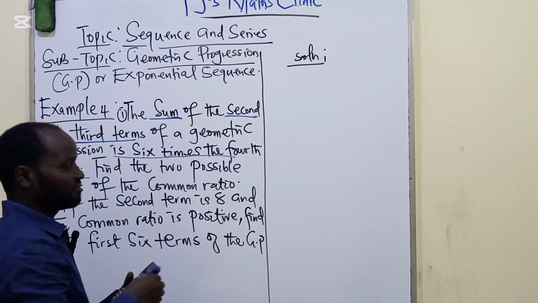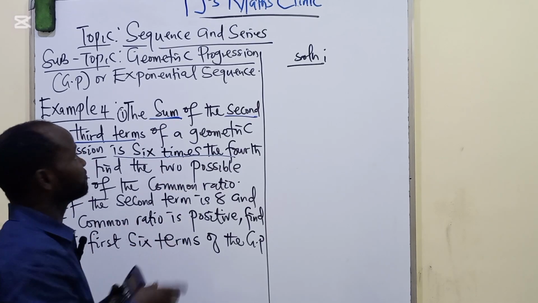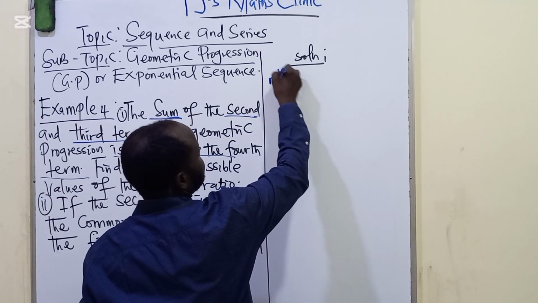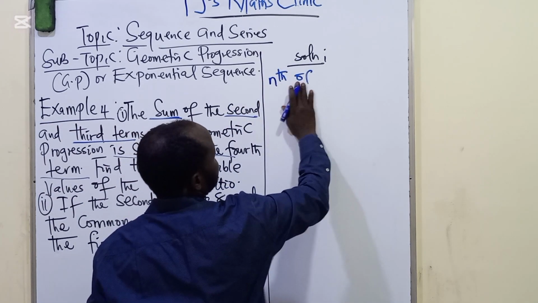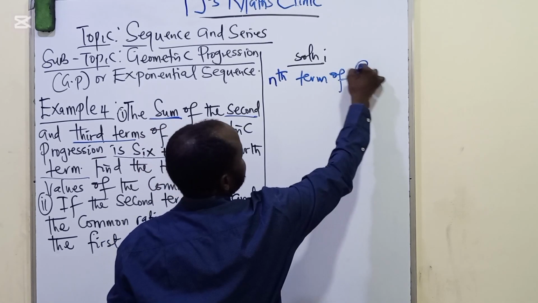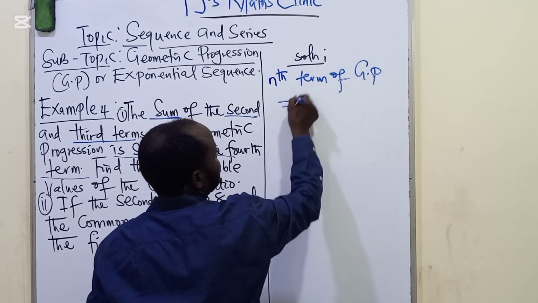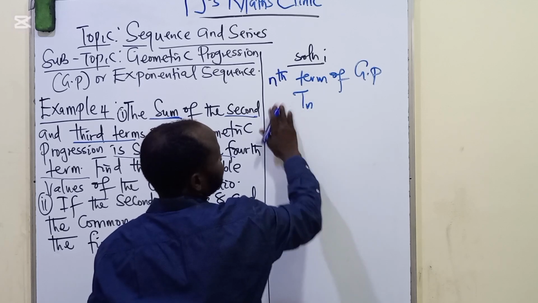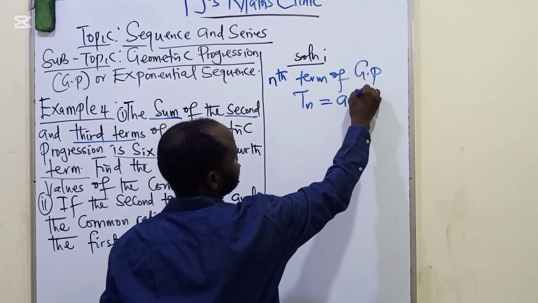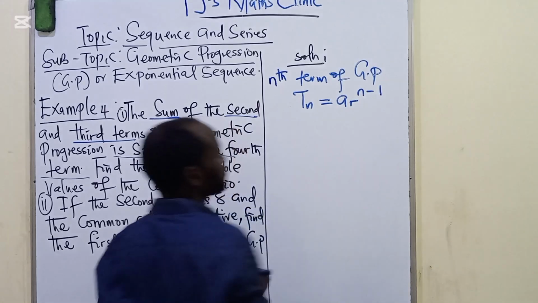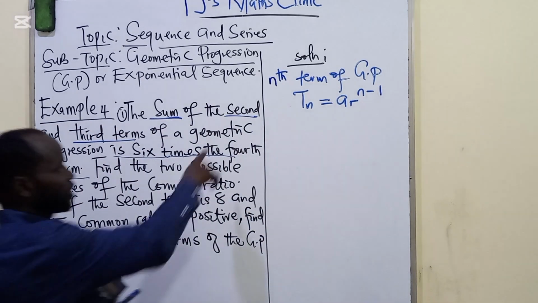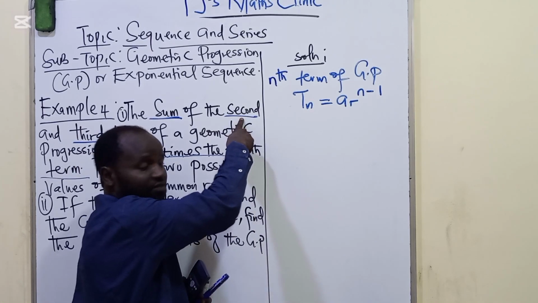So first we need the nth term of GP. The nth term of GP is given as Tn equals the first term multiplied by the common ratio to the power of the number of terms minus 1.